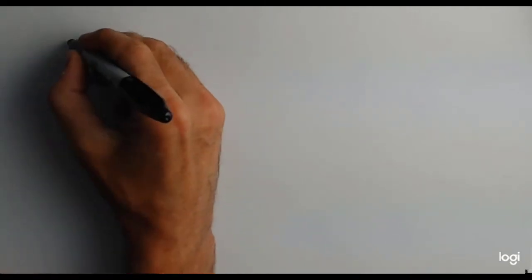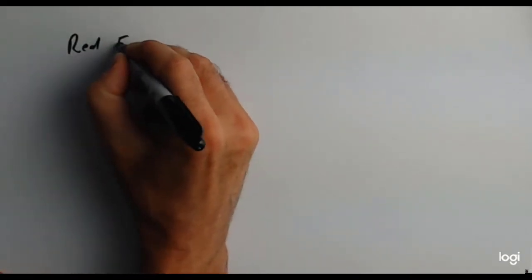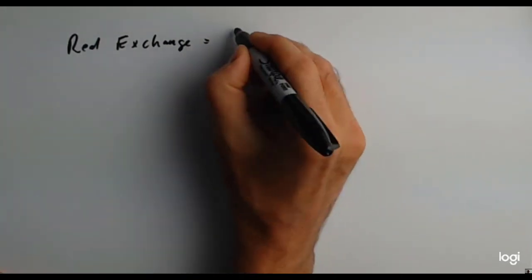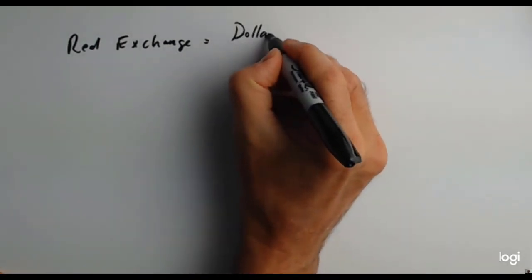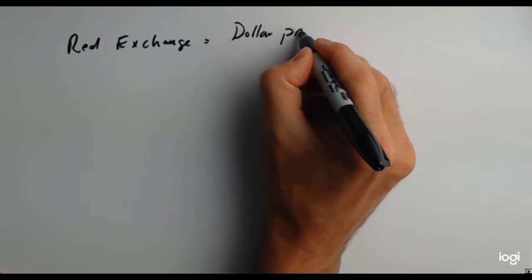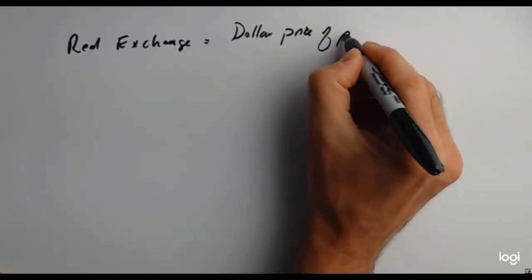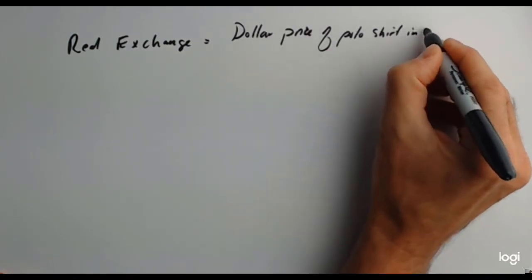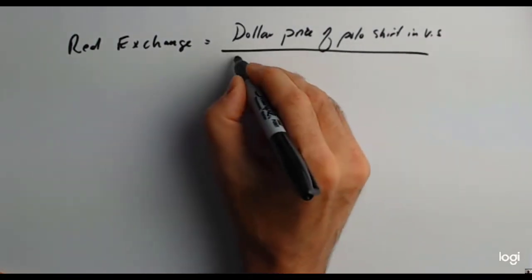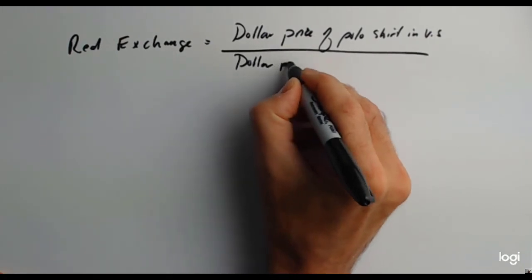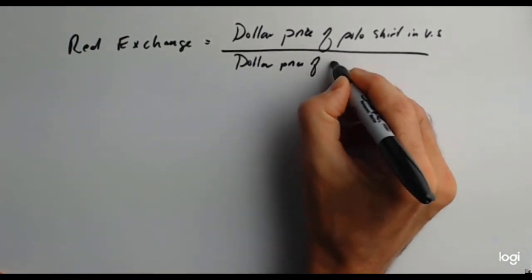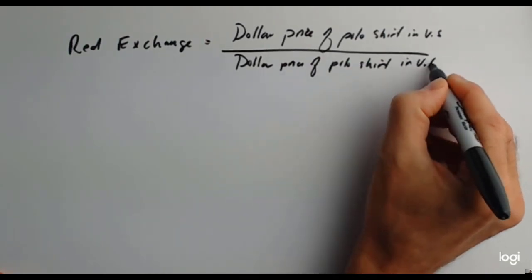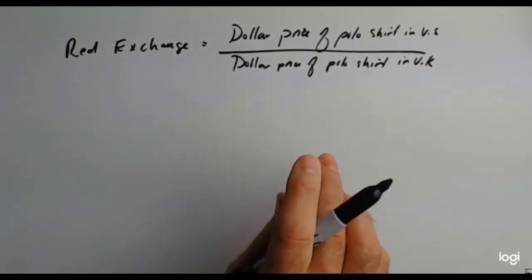So the real exchange rate is defined as, in this case, the dollar price of a polo shirt in the US divided by the dollar price of a polo shirt in the UK. That would be the real exchange rate.